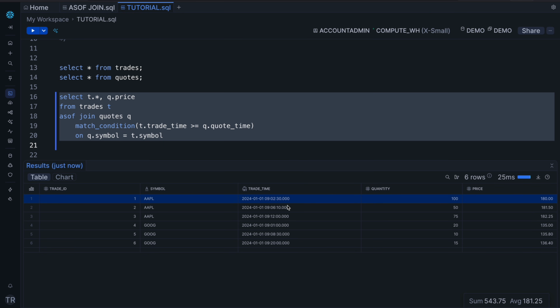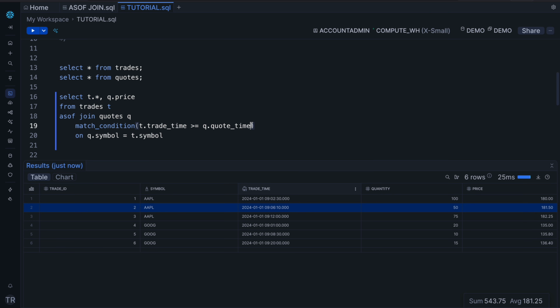At 9:05, the share price changed to 181, right? So the second trade, which is happening at 9:06, it should take the price at that moment in time. At 9:05, we know from the quotes table, the price changed to 181. So now in this particular report, we are getting 181 for this particular trade, which happened at 9:06, and so on and so forth, right?